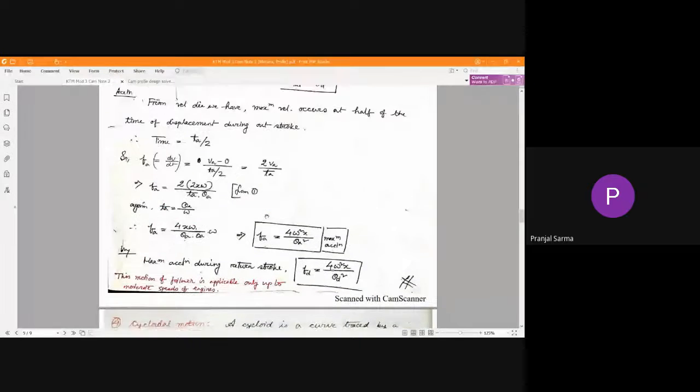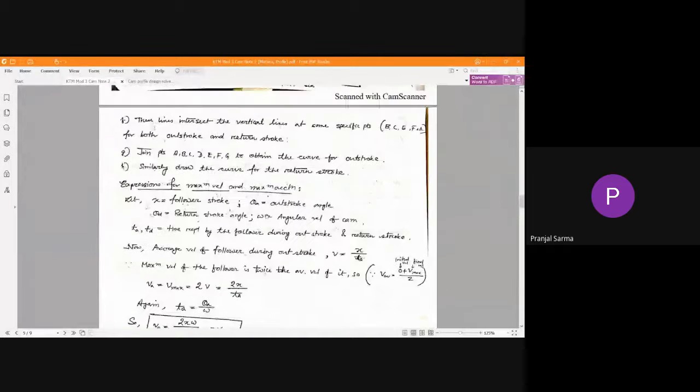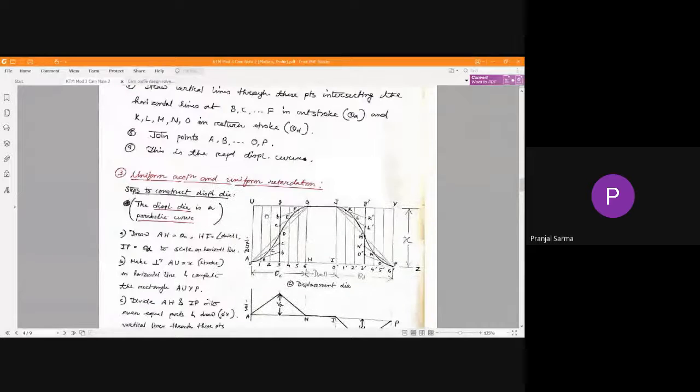We went through the standard expressions for displacement, velocity, and acceleration, which you can use directly if the question asks for, say, the maximum velocity or maximum acceleration. But be cautious about whether they are asking for it in the ascent stroke or in the descent stroke.